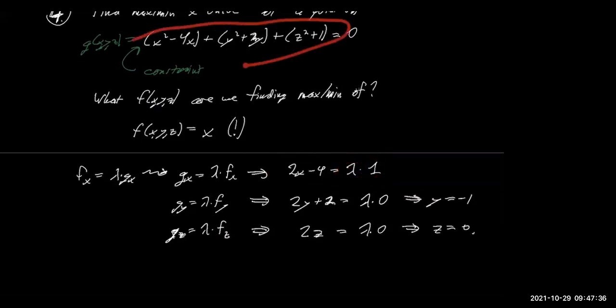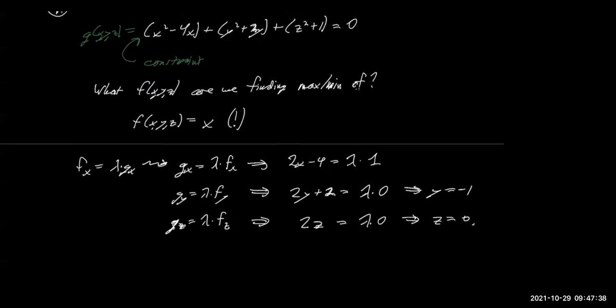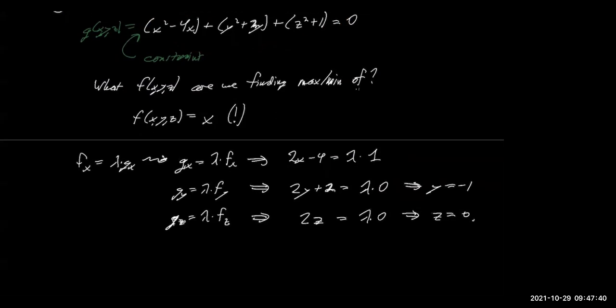But if we plug those into the constraint, we get x squared minus 4x plus, what is that, 1 minus 2, maybe? Plus 0 plus 1.